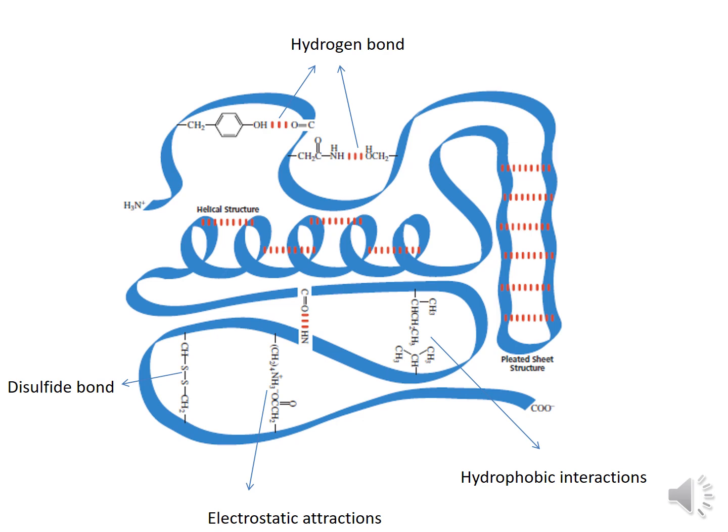In a single structure itself, one could observe all the types of bonding, covalent and non-covalent interactions: hydrogen bonding, disulfide bonds, electrostatic attractions, and hydrophobic interactions. That is why tertiary structures are more folded than the secondary structure.